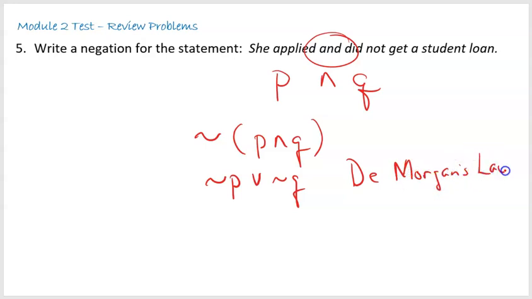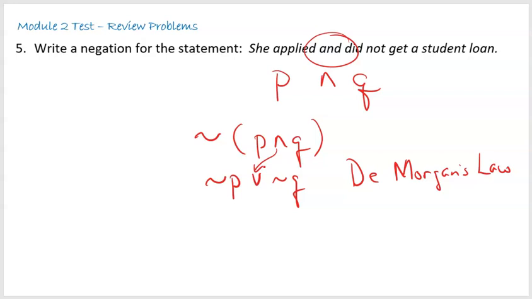Anytime you negate a conjunction or a disjunction, in other words, an and or an or, and you're negating the entire statement, you can think about it as distributing the not inside, but that changes your operator.